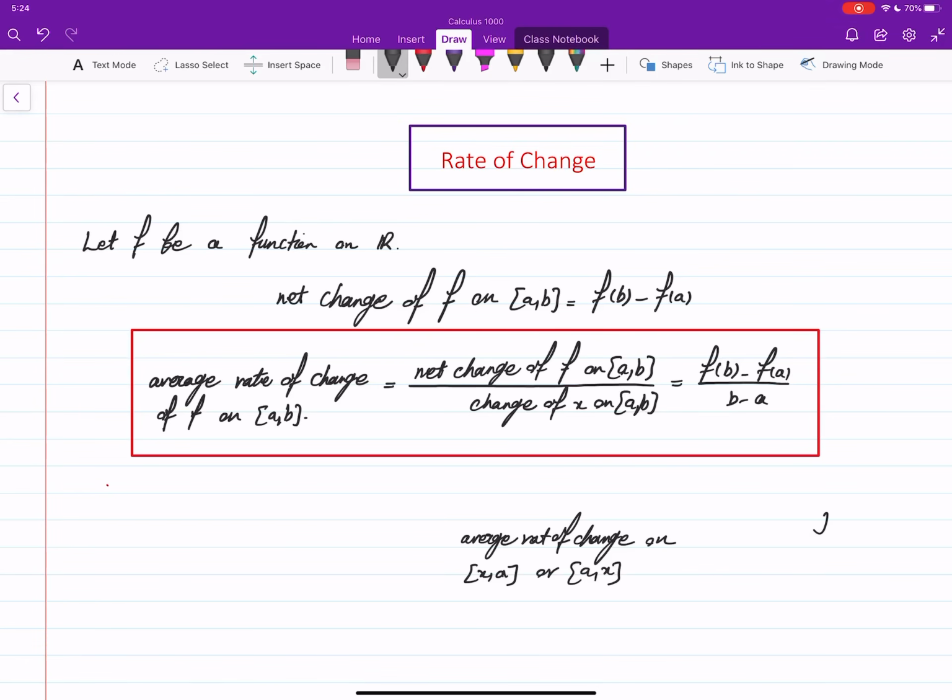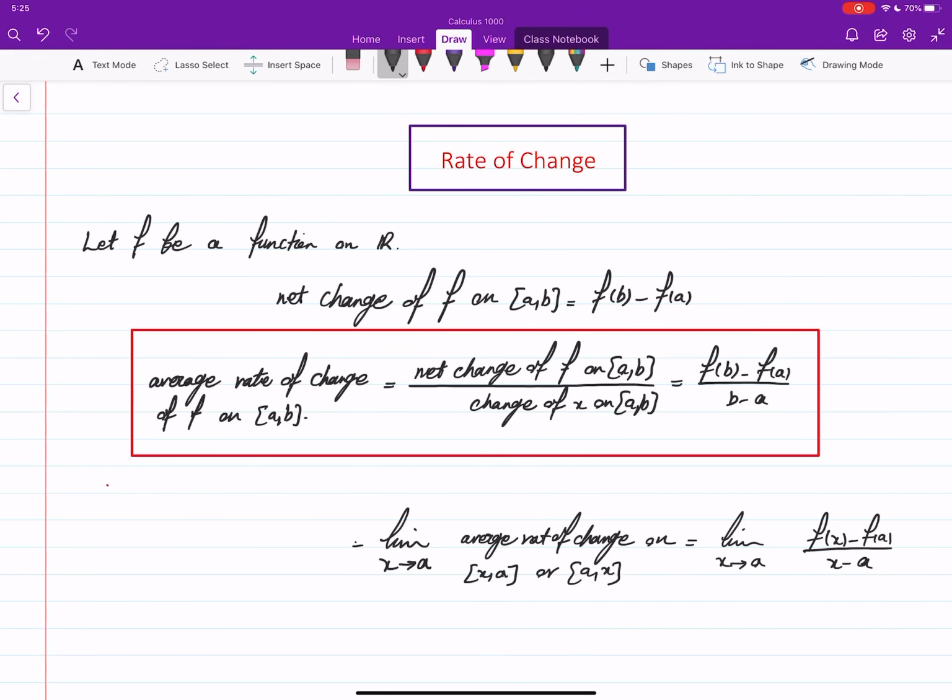This is f(x) minus f(a) over x minus a. This is average, but I want to make it just what is happening at the point a. So that's where we find the limit as x goes to a. So when everything is happening very close to a, what is the rate of change of that function?